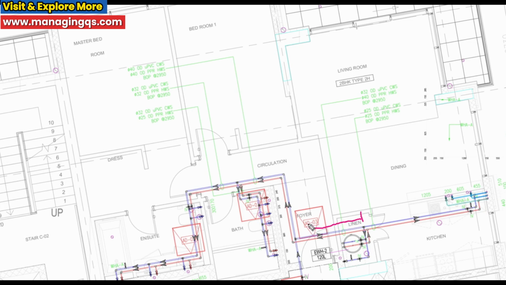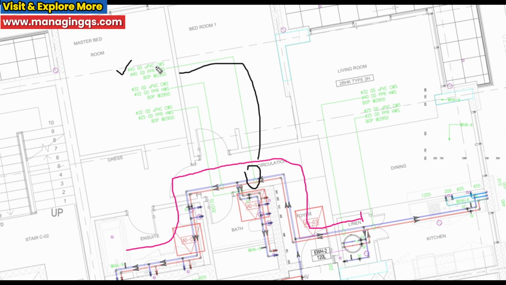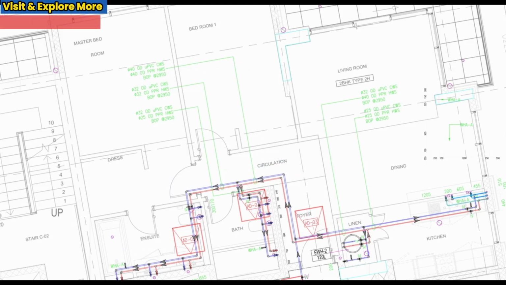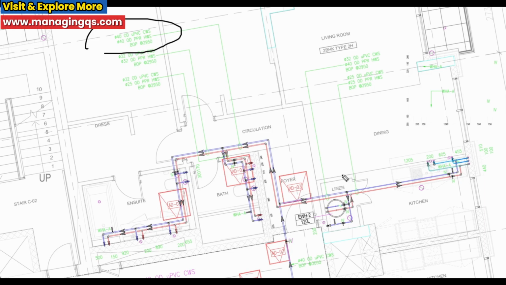You can see here the pipe network is going through this direction, and also we can find another pipe notation. It mentions the 40 diameter cold water supply, 40 diameter hot water supply. So again the pipe diameter has changed. Now we have to search where the 40 diameter changing point is. We already identified the 32 diameter starting from this point, and also we can see there's another notation, 40 diameter cold water supply.